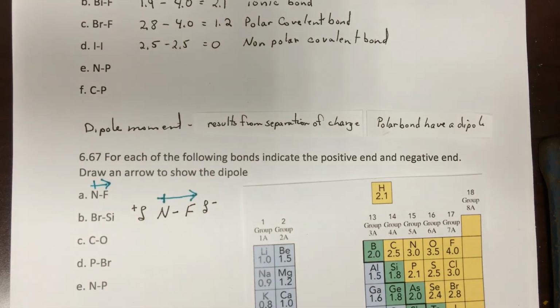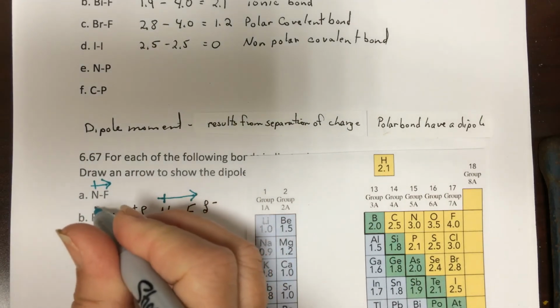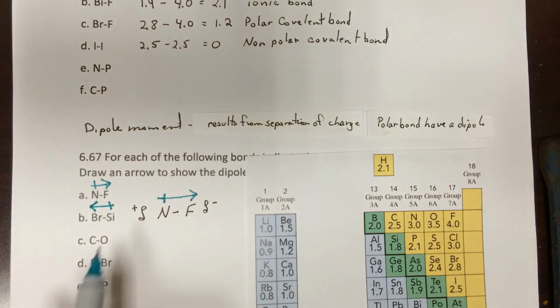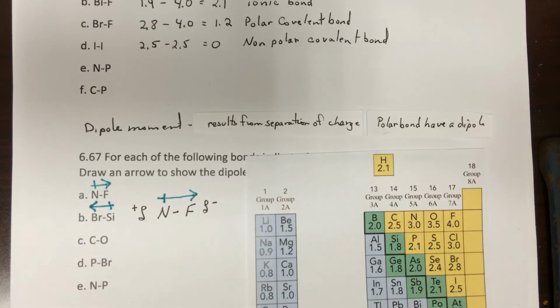So we look at bromine and silicon over here. Bromine is 2.8. Silicon is less at 1.8. So we would draw our dipole like this. Silicon's going to have a partial positive charge, and bromine's going to have a partial negative charge.